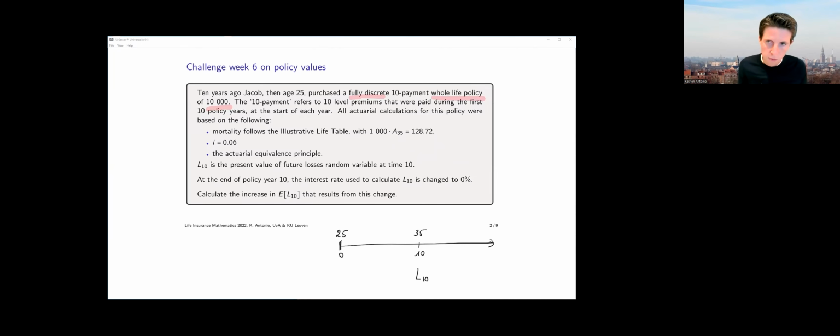That's important information to express the value of the future benefits promised under the contract at time 10. On the other hand, we have information about the premiums. There is a 10 payment, meaning 10 level premiums payable during the first 10 policy years, at the start of each year. So that's what we know about the premiums.